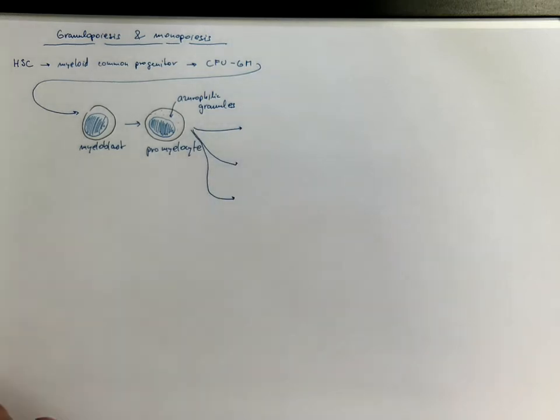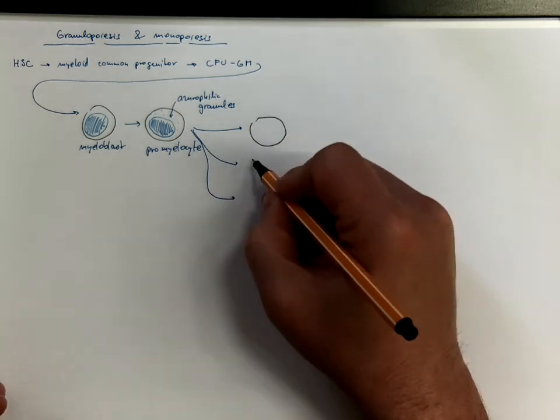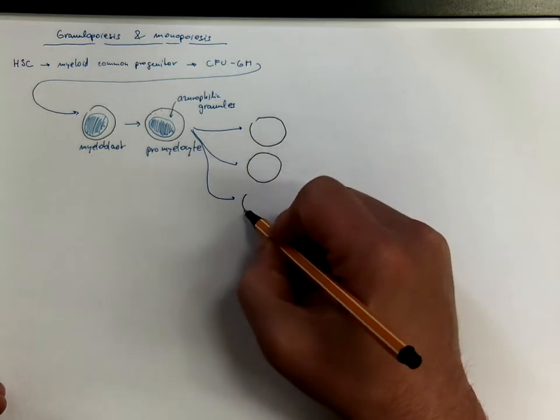into three types of myelocytes that already start to express some specific granules.